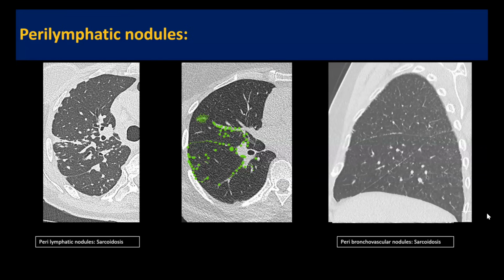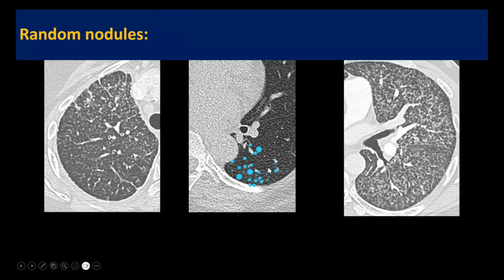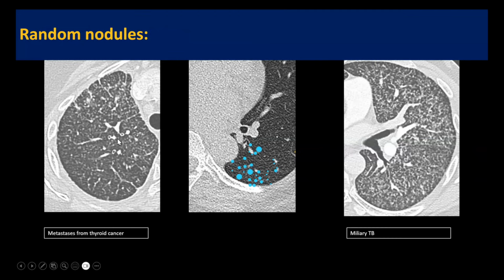Moving on, the second set of nodules that we would see that touch the pleura are random lung nodules, which do not maintain any kind of consistent relationship with our secondary pulmonary lobule. We see multiple lung nodules distributed throughout the lung, and the two most common causes are metastatic disease and miliary infection.